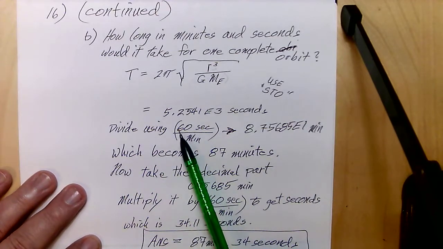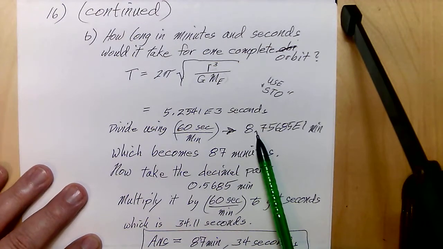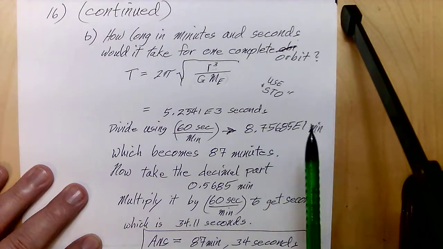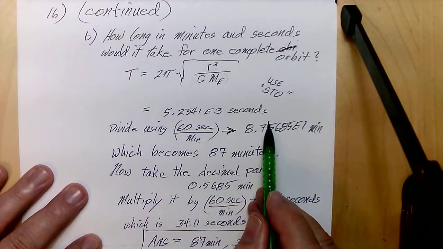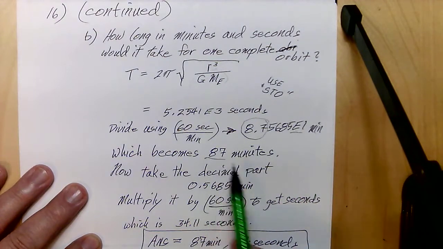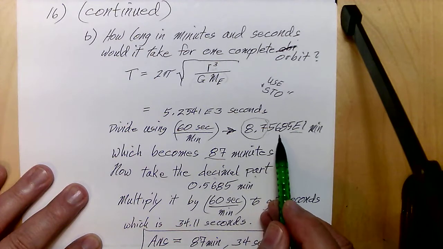Divide by 60 seconds in a minute. And this becomes 8.75685 E1 minutes. So you want to take the whole number of minutes out, since that's E1. That's 87 minutes. The decimal part is going to be 0.5685.